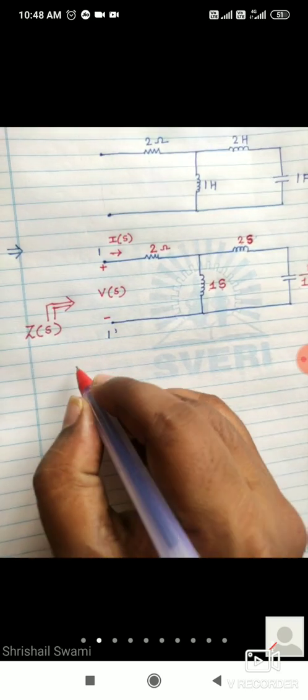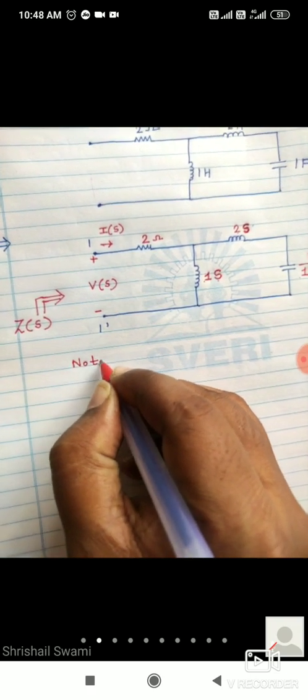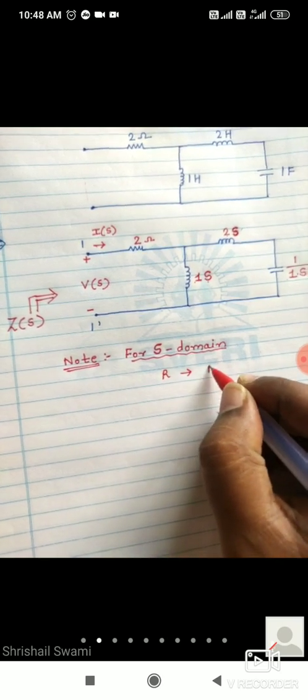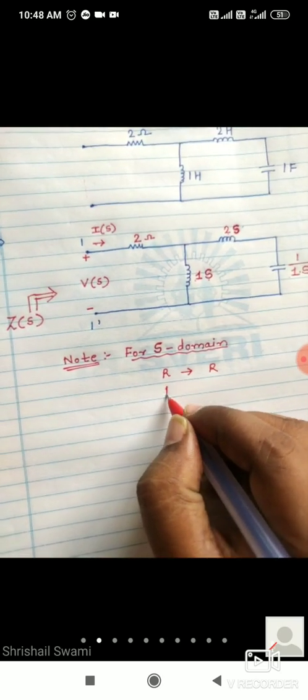Before this, I will give a note point here. For the S domain, you can remember this note point. The R value is R only.